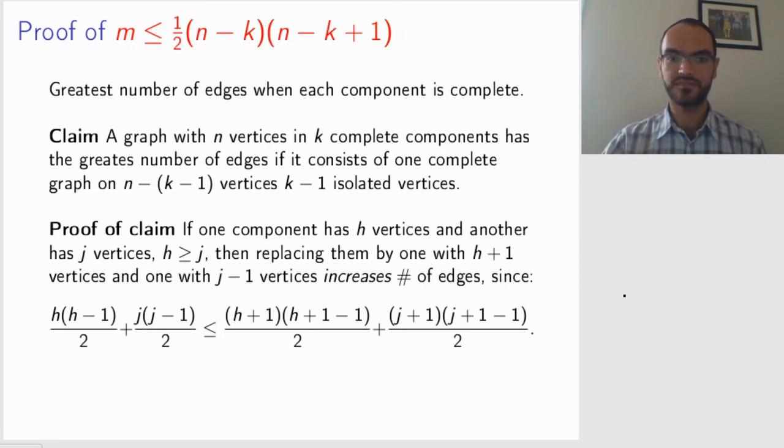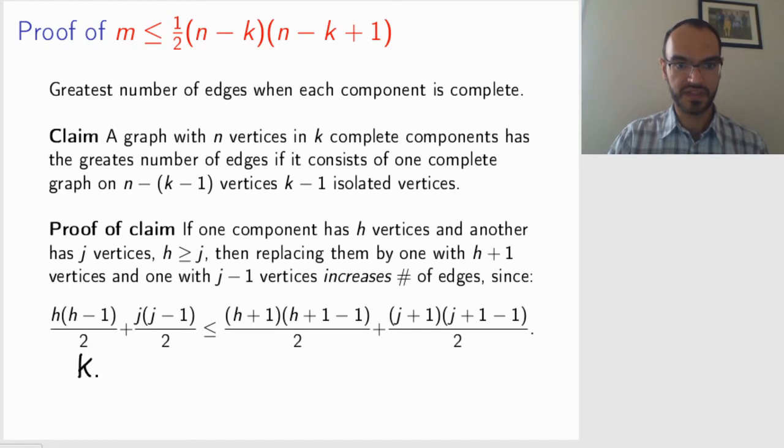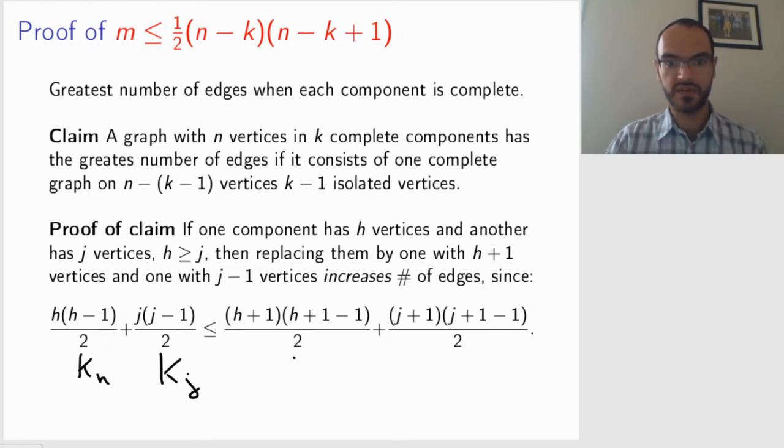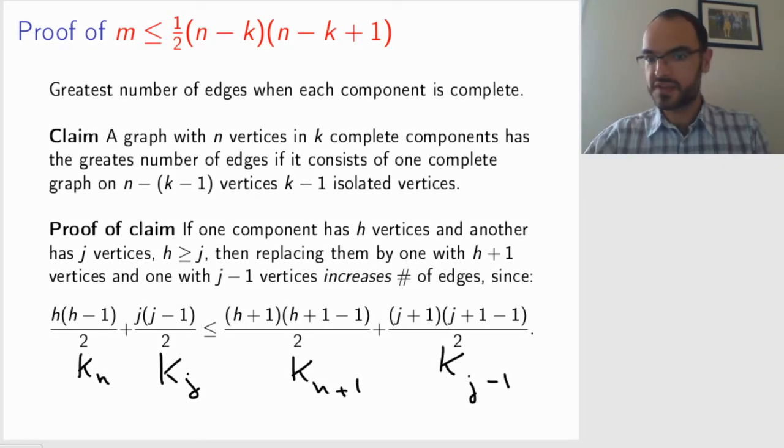Why is that? Because the number of edges I had from the beginning, so this is the number of edges in the complete graph with h vertices. This is with j vertices. Here now I have h plus 1 instead of h. And here I have j minus 1. So there is a typo here.